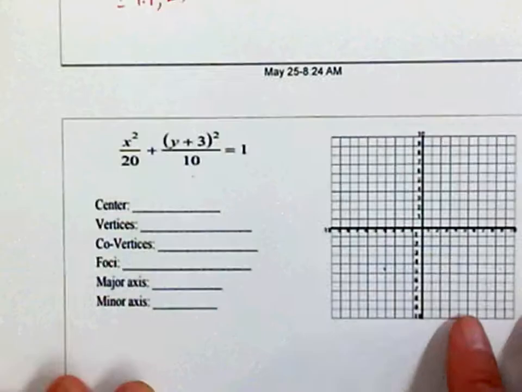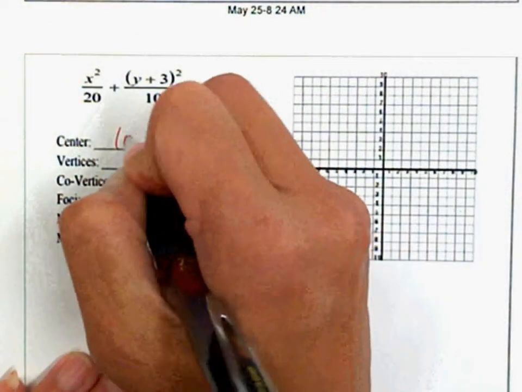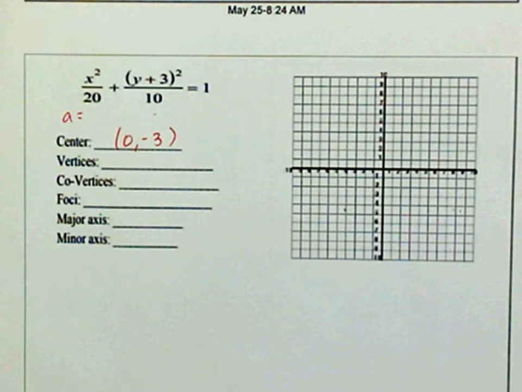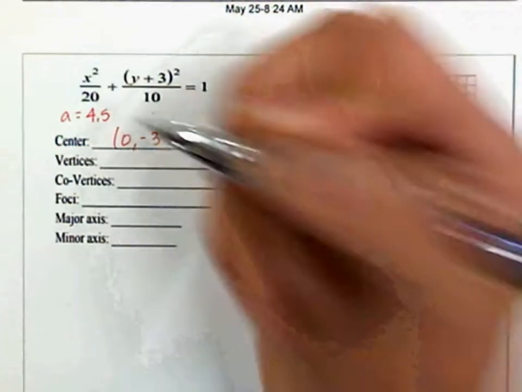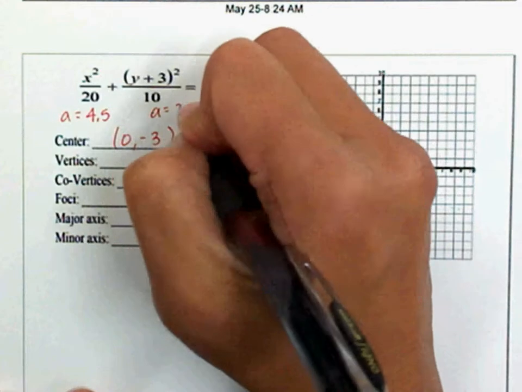Last example. All right, your center, 0, negative 3. Square root of 20, 4.5, or you can do 4.4, your choice. Square root of 10, 3.2. Okay, there you go.